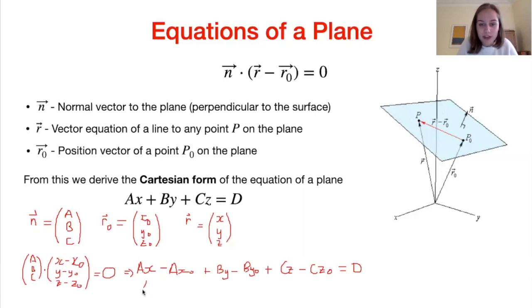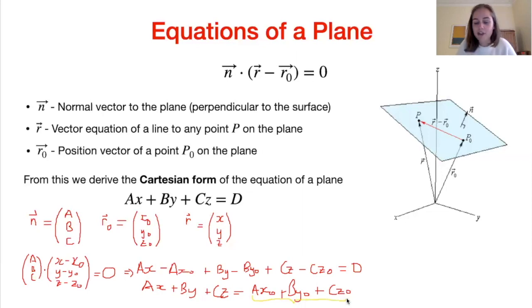So what we get then is ax plus by plus cz is equal to ax0 plus by0 plus cz0. And now for simplicity, because we know the value of all of these things, they're just constants multiplied by each other, we give that another name and say that that is equal to some constant d.